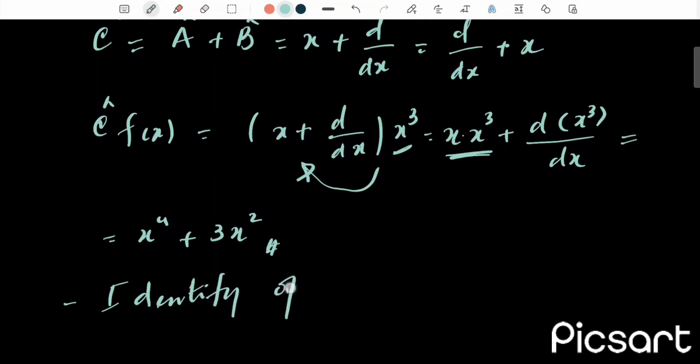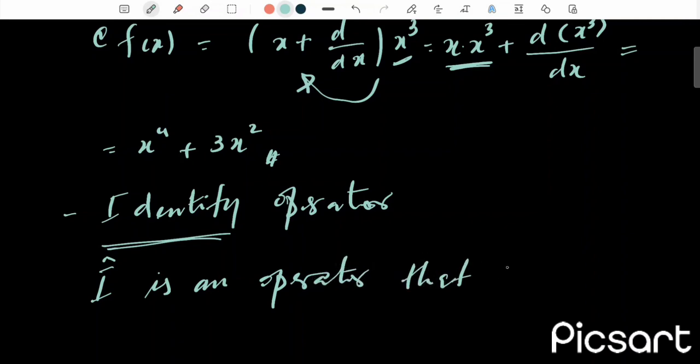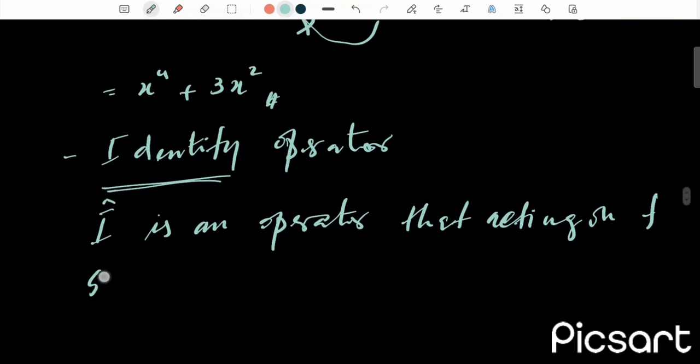Okay, now we go on with the identity operator. As the name tells us, an identity operator, usually represented with I, is an operator that, acting on f, gives again f.